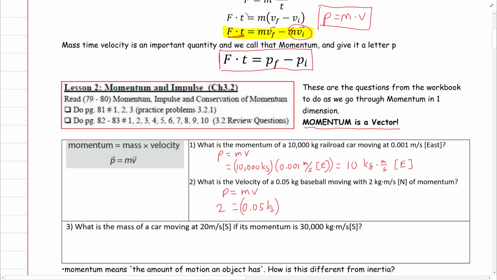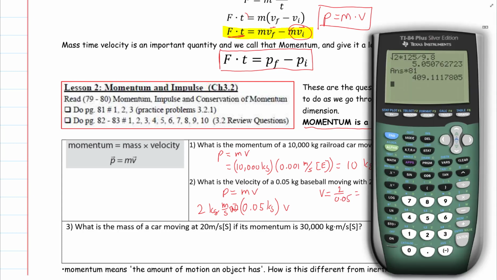Okay, and I'm going to just erase this too. Let's go in verbose mode. Put the units down and the direction, and that'll be north. Okay, there we go. The math is just going to be V equals 2 over 0.05.